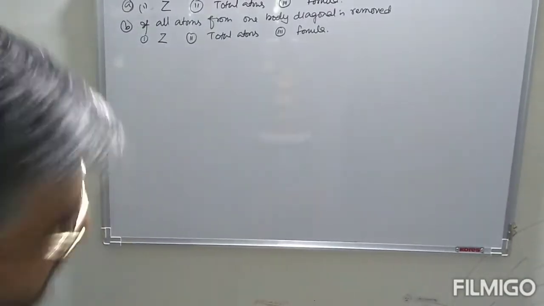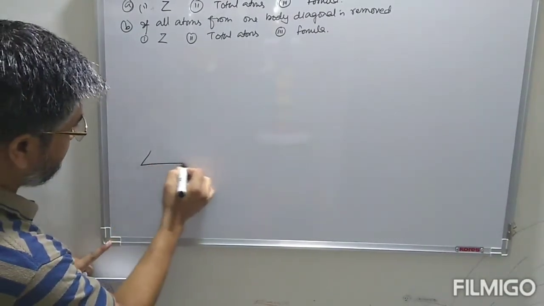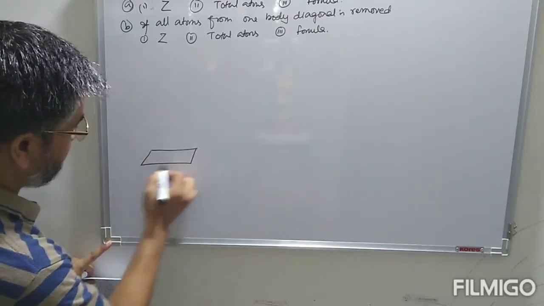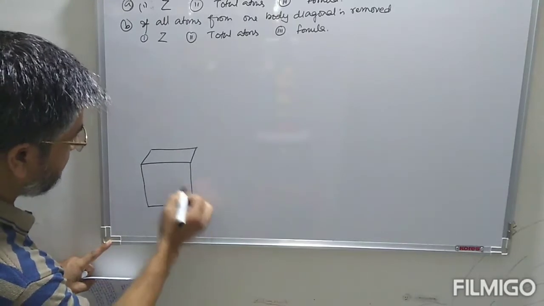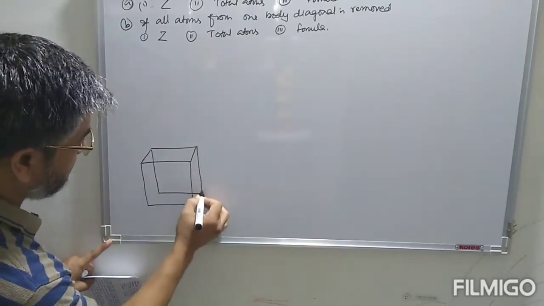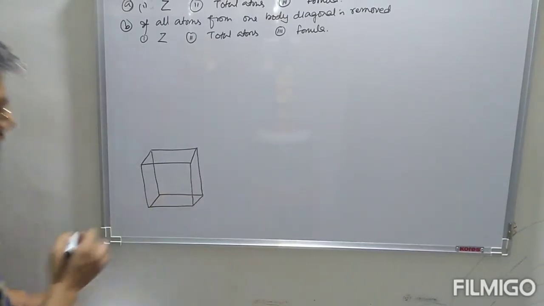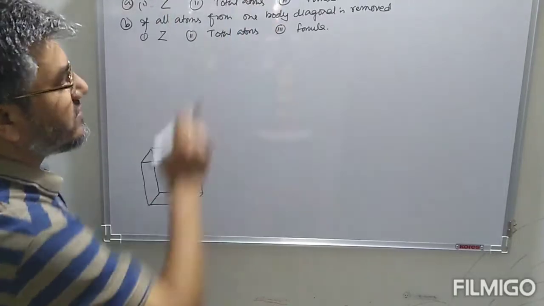So we have a cubic unit cell, and in this we have X and Y atoms.